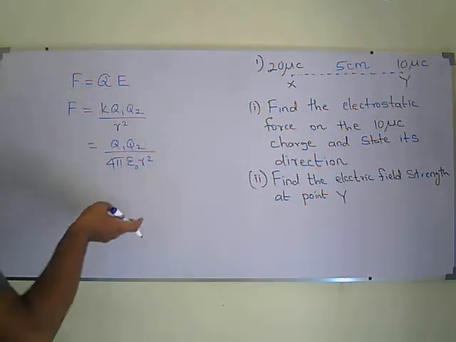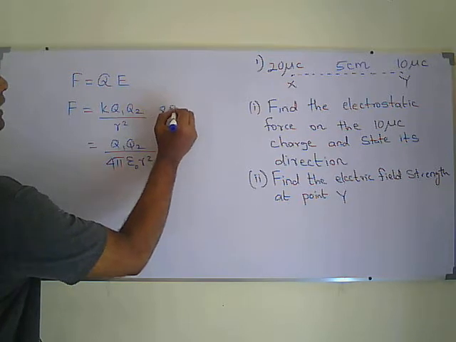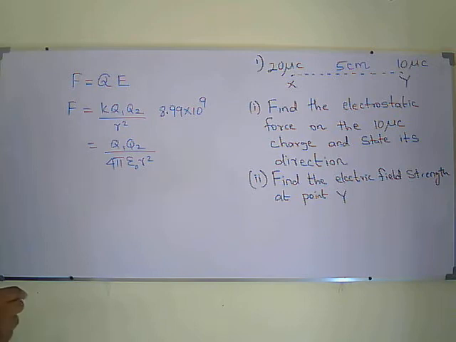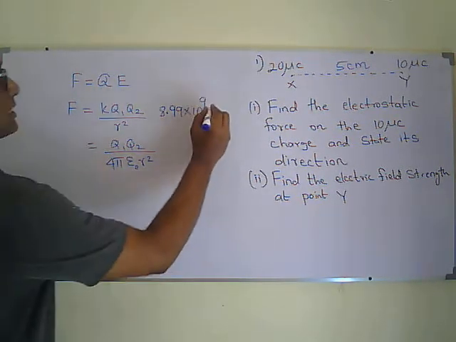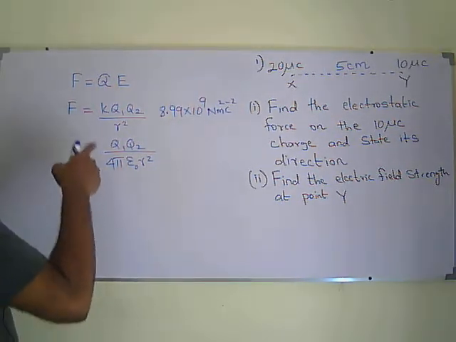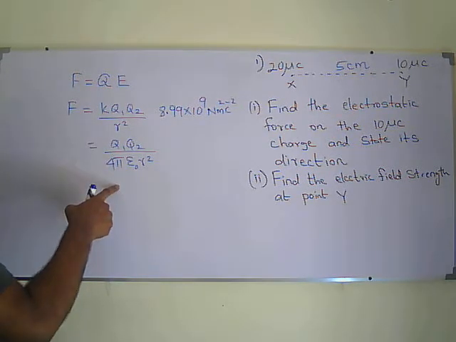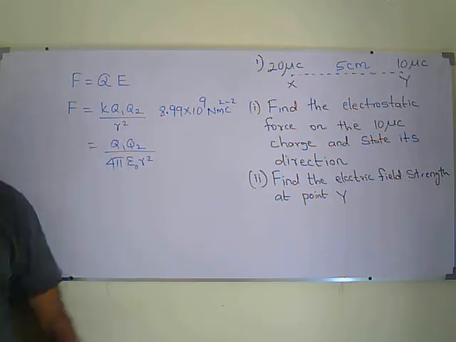Both will give the same numerical value, where K is Coulomb's constant, 8.99 times 10 to the power 9, with unit Newton meter squared per Coulomb squared. K can be given in terms of the permittivity of free space, that is 1 over 4 pi epsilon naught. You can use one of these equations to find the electrostatic force between 2 point charges.